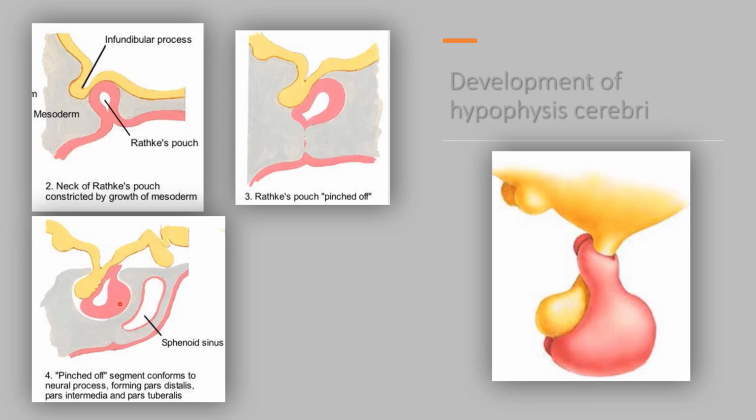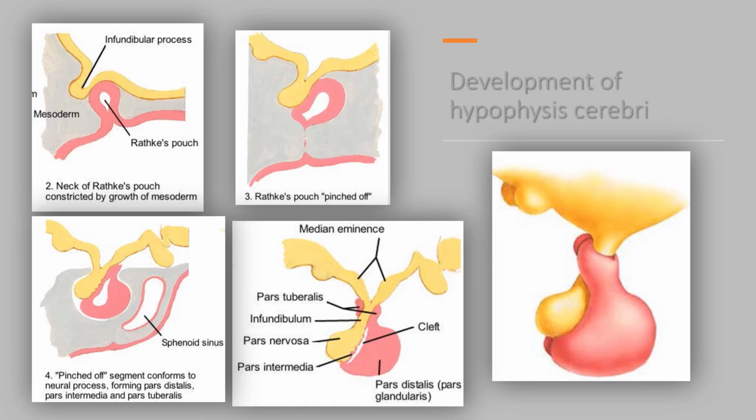This is pars distalis, pars tuberalis towards the infundibulum, and pars intermedia, which is between Rathke's pouch and pars posterior. This is the developing sphenoid sinus within the mesoderm below the pituitary. This is the completely developed gland. Like this, both these components are different in origin and even by function they are different.